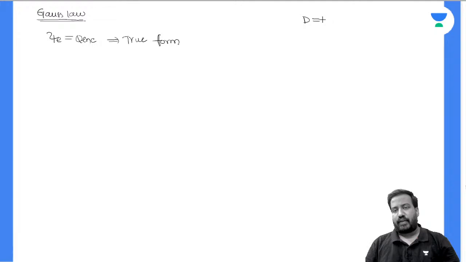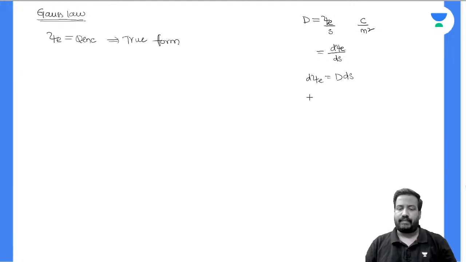D is electric flux density, given by electric flux per unit surface area, unit coulomb per meter square. If you consider a small surface area ds, the flux associated is d psi e. From this, d psi e is equal to D into ds.